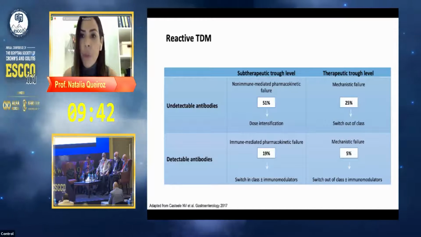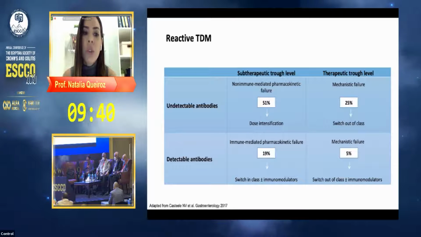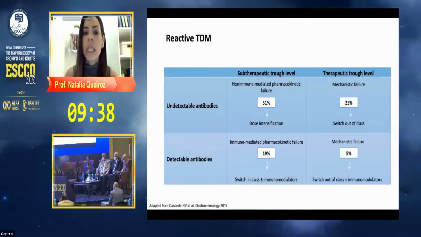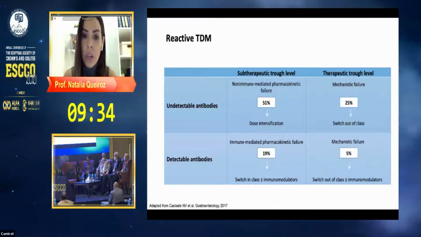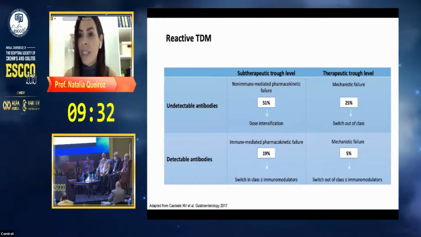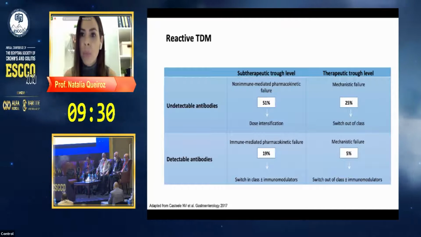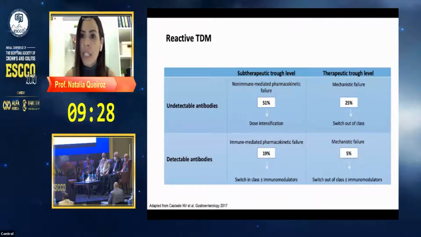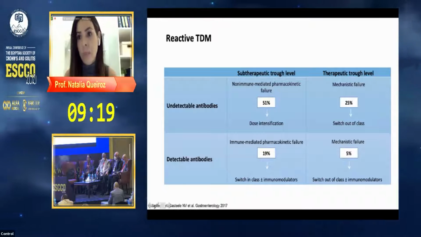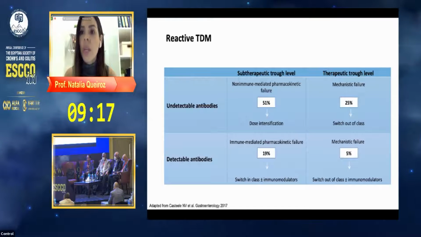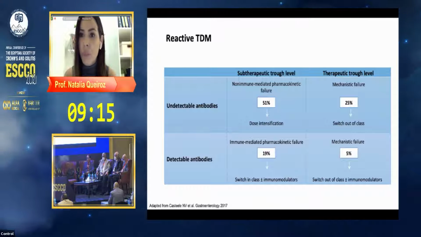But if you have subtherapeutic trough levels with detectable antibodies, this is immune-mediated pharmacokinetic failure. It occurs in 20% of the cases. In this case, we cannot optimize our treatment because antibodies will neutralize the drug. So we need to switch within class. So if a patient was receiving an anti-TNF and responding to this treatment, we should switch to another anti-TNF, adding immunomodulators.